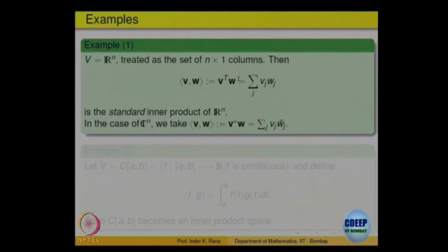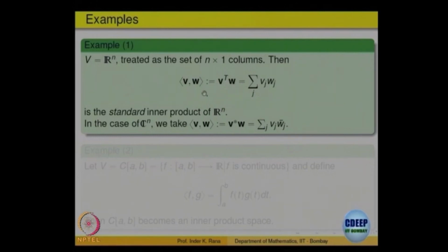So, some examples. This is a prototype of an inner product space in Rn. If we write V as a column vector, then V transpose W is a product of matrices. So the dot product is the sum of Ai Bi. V is a vector with components V1, V2, up to Vn, W is a vector with components W1, W2, up to Wn.